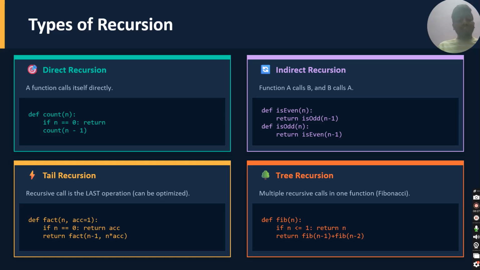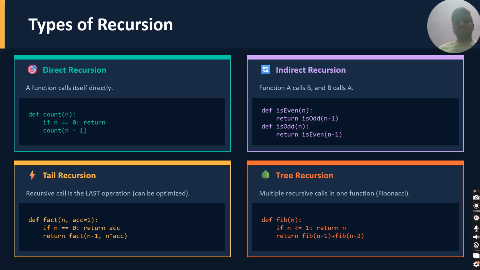The types of recursion are direct recursion, indirect recursion, which means calling one function in another function, tail recursion, and tree recursion. So let us know each of them one by one. Direct recursion is a function which calls itself directly.